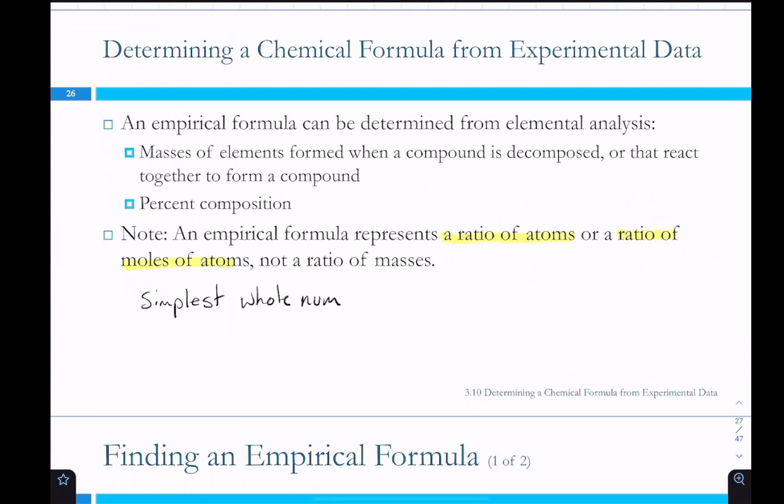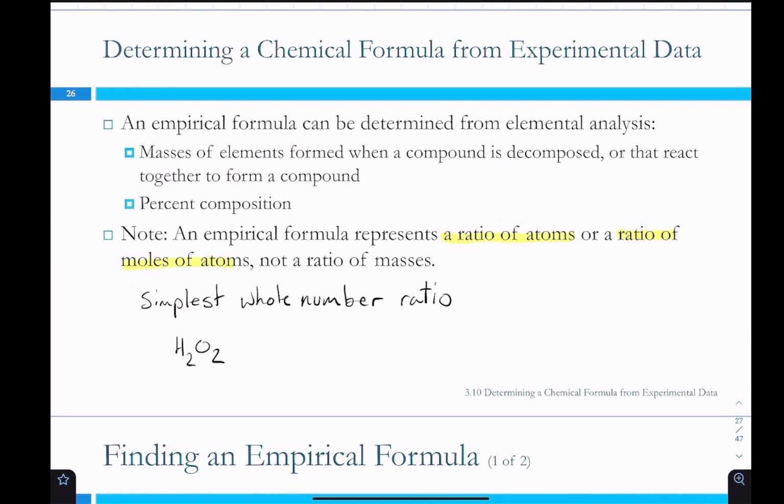whole number ratio. So for certain compounds, if you decomposed a sample of hydrogen peroxide, and you were able to measure the mass of all the hydrogen and all the oxygen in it, hydrogen peroxide should be H2O2.